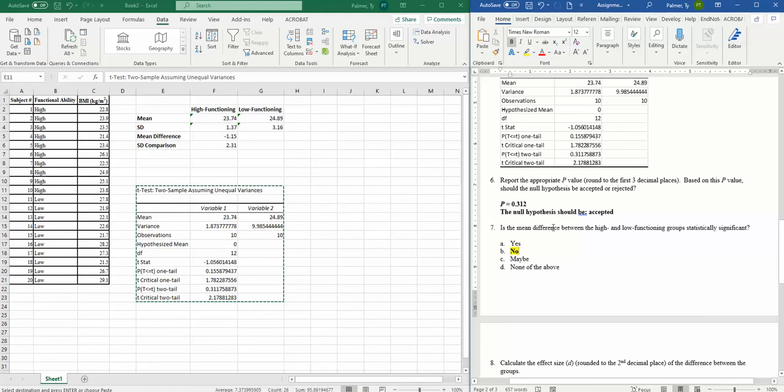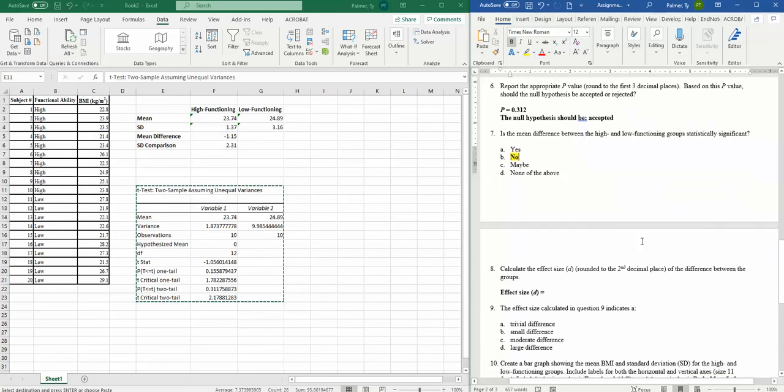But for my data in this video, we're accepting the null hypothesis. The p-value is greater than 0.05. Therefore, no, the mean difference is not statistically significant between the groups.